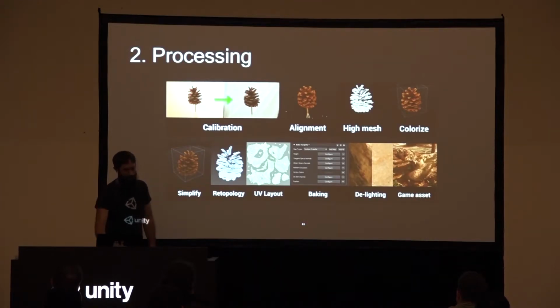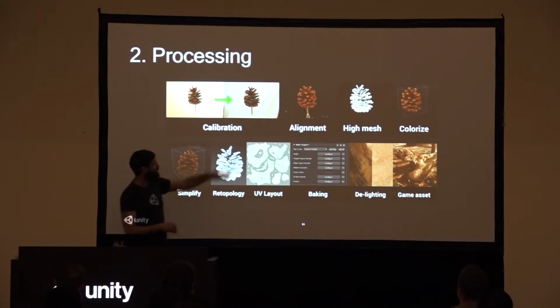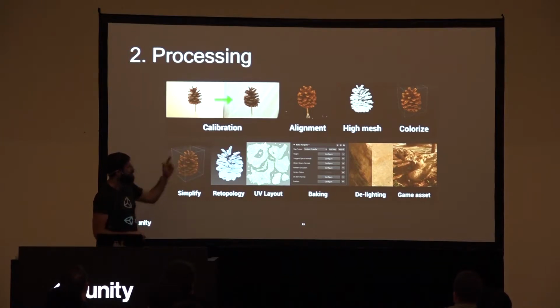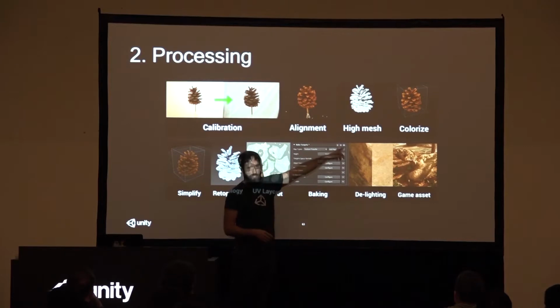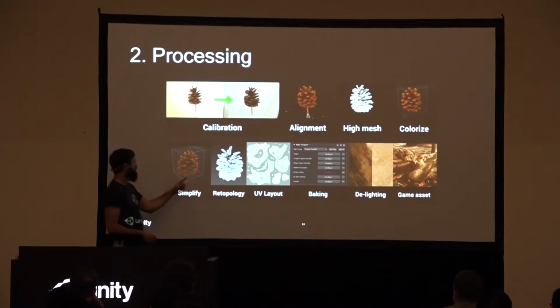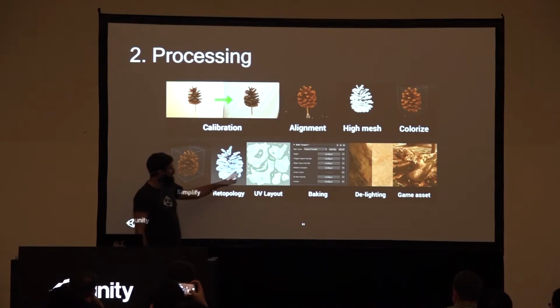For the processing, again, the processing itself is a lot of stuff. Calibration, alignment. Then you get a high mesh from this. This high mesh gets colorized. Then you simplify this high mesh with grid topology, and then you do a UV layout that will match this game resolution mesh.